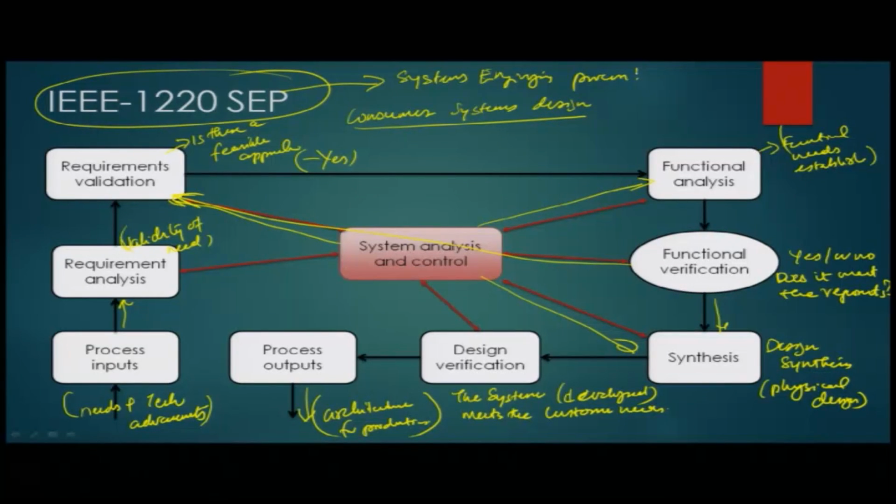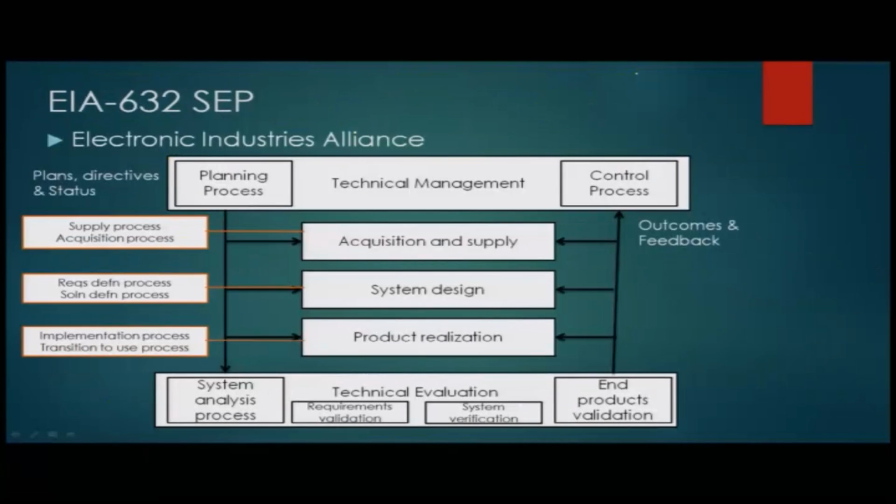And then the third one I want to talk about is the EIA, the Electronics Industries Alliance standard 632 Systems Engineering Process standard. And here, as I said earlier, many of the times we have seen it is a recursive and iterative process.